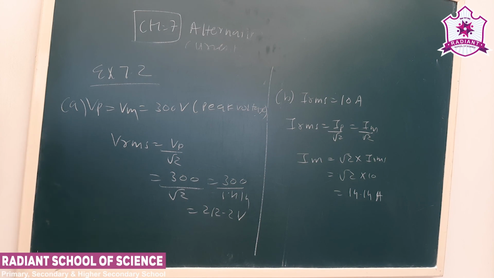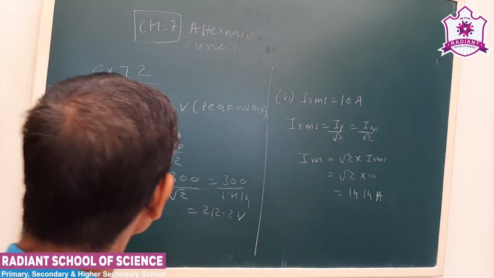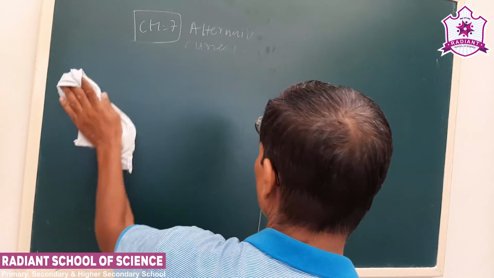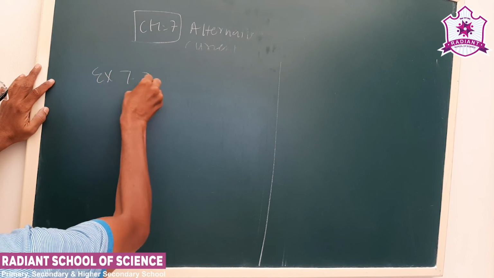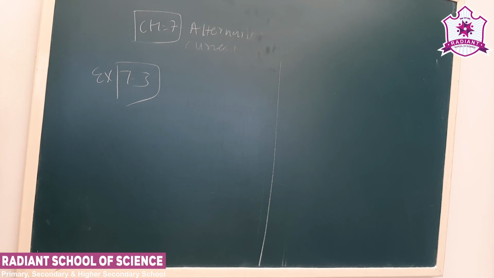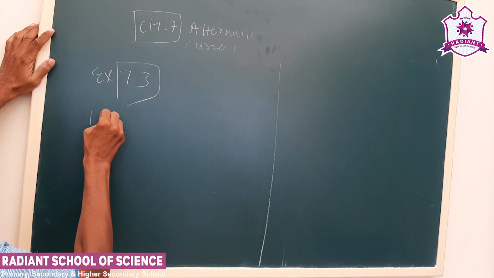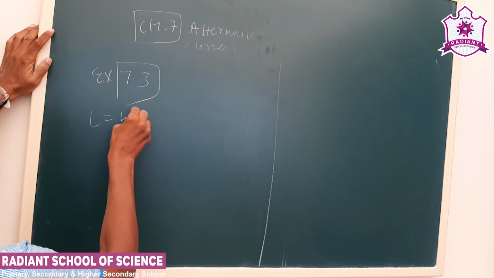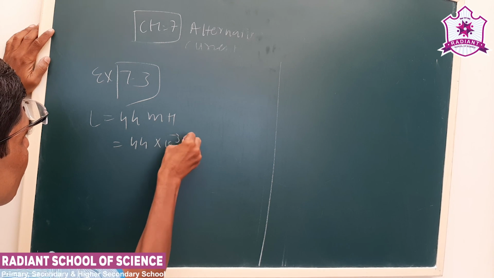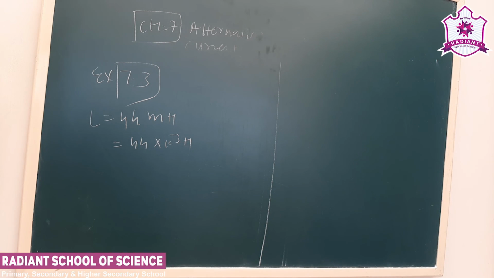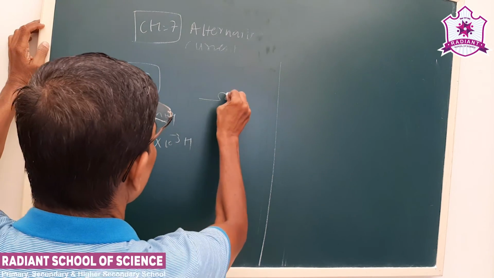Now see our next numerical, that is exercise number 7.3. Now see, the circuit with only an inductor, 44 millihenry, connected with the voltage.